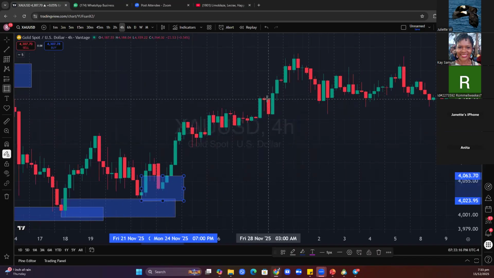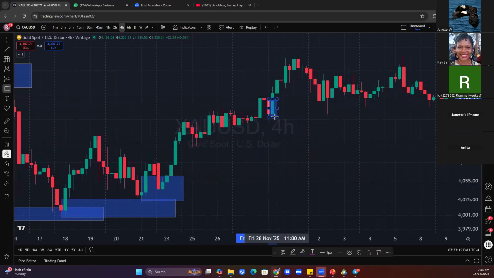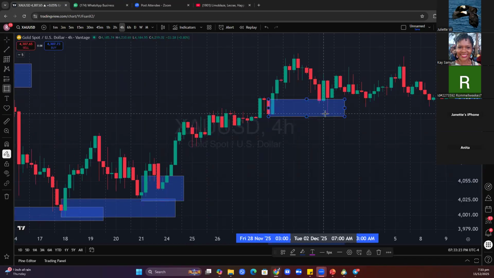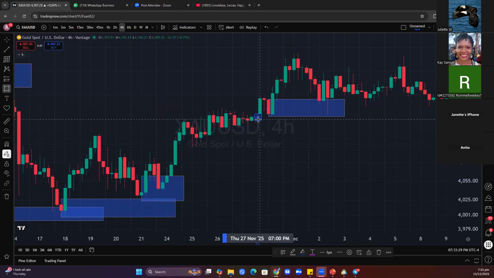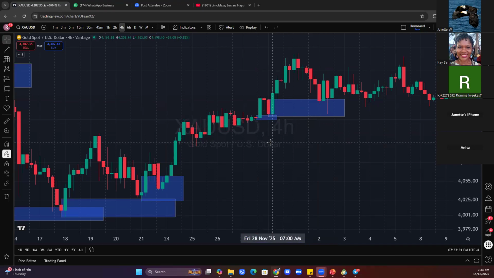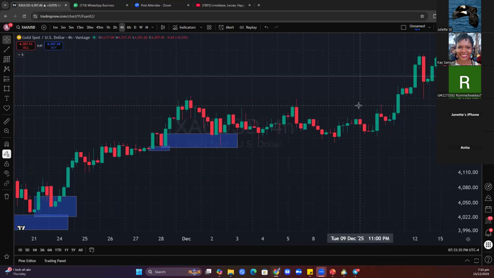As we continue, here's another engulfing candle. Price trades into the area and then we get the push out. Same thing here, this engulfing, price trades into the area and then we push off.